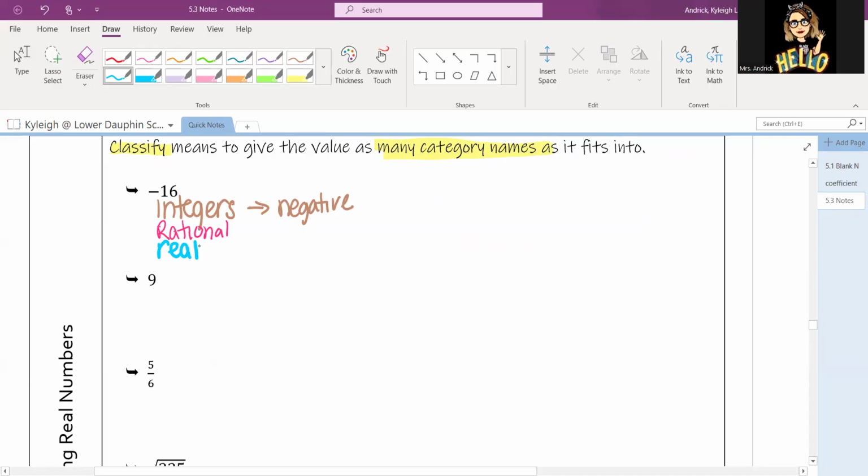Looking at 9, is that something I count to on my fingers? It sure is. So this is natural. It's a whole number. It's an integer. It's rational.